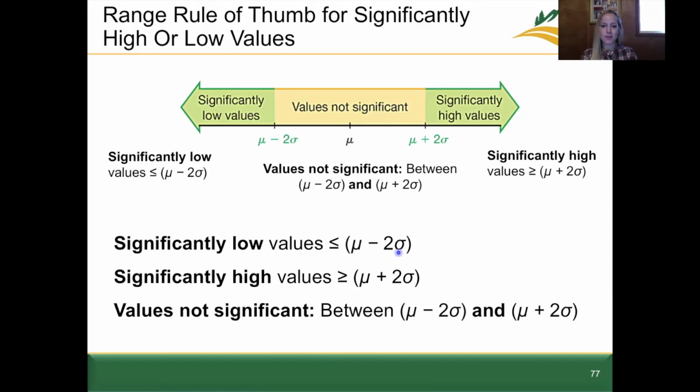So in this lecture previously, we determined if the probability of 256 wins or more is significantly high. The key there is that we were dealing with probabilities. When we're using this idea of significance, this measure of significance, we only need to know the mean and the standard deviation.